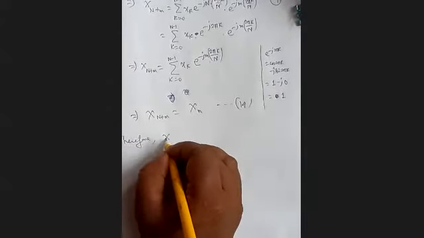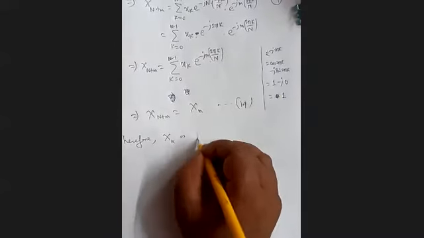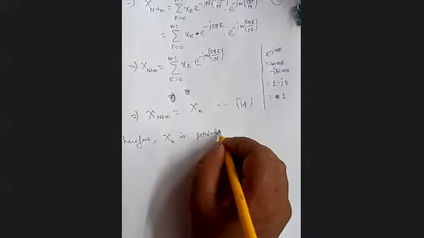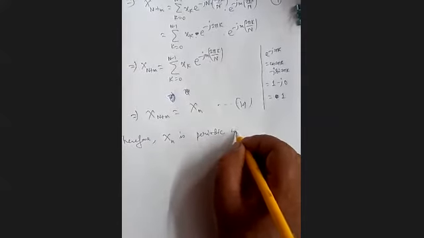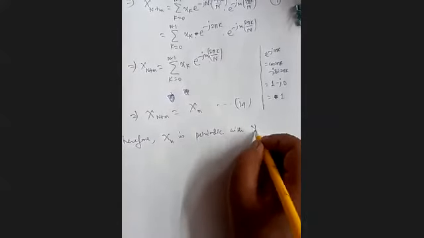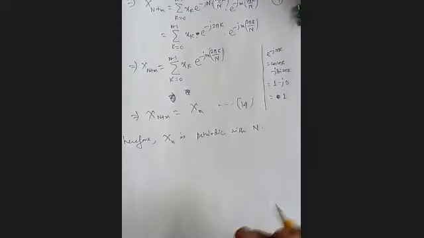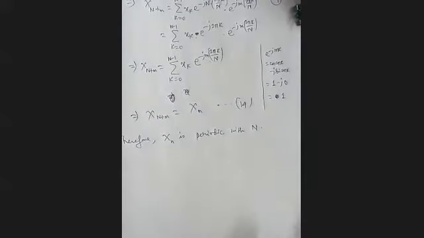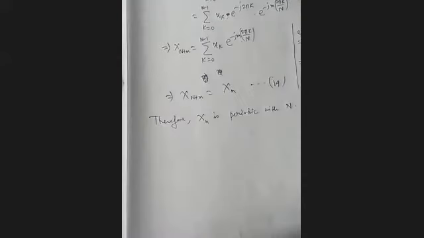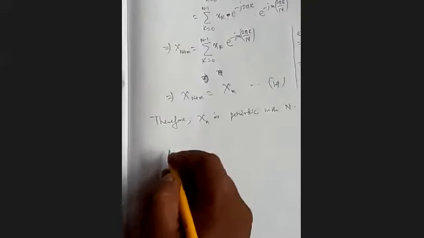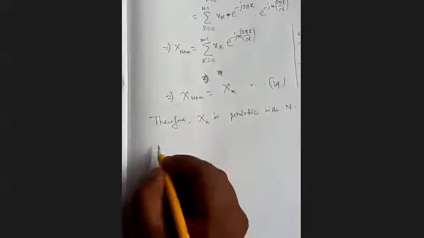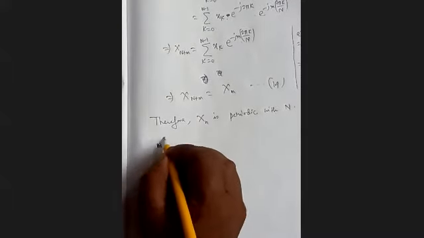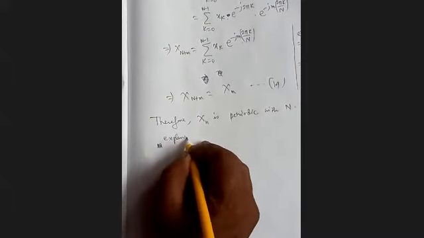Therefore, what we can say? Therefore, X[n] is periodic with capital N, because it repeats after capital N. How? Let's see, I write the explanation.